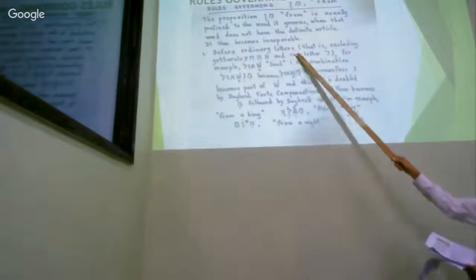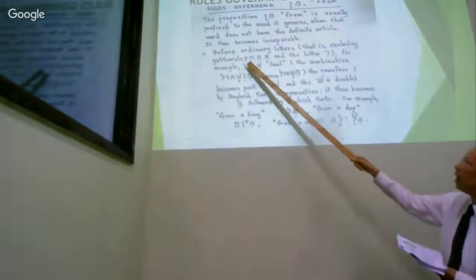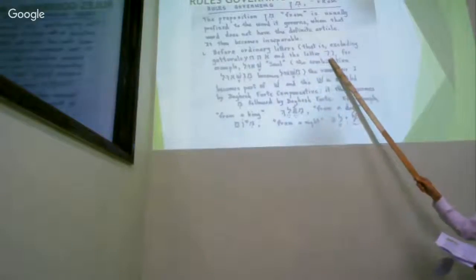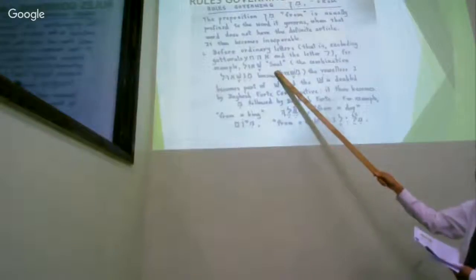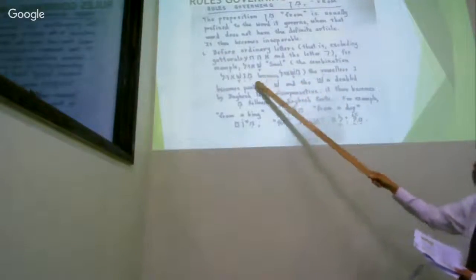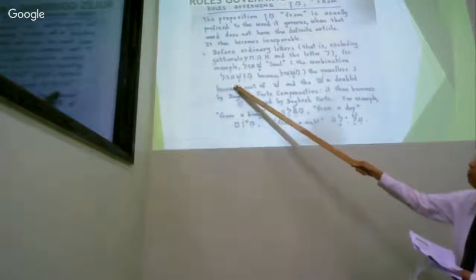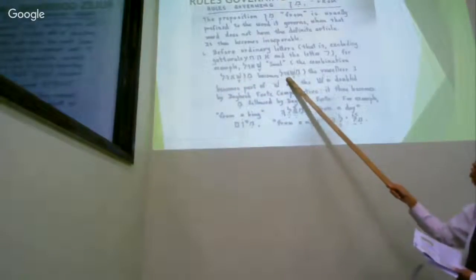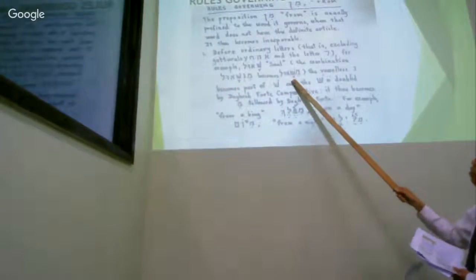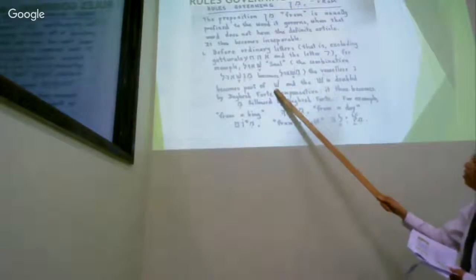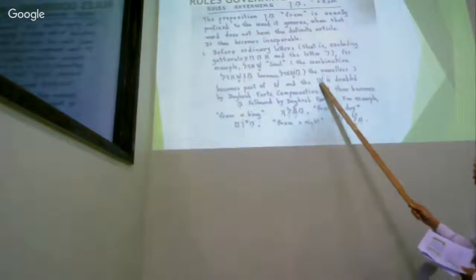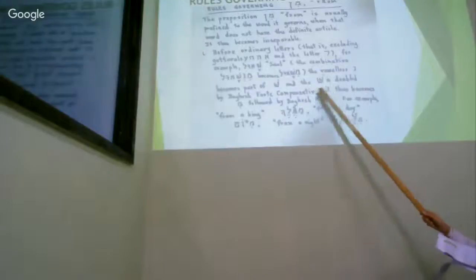Before ordinary letters, that is, excluding gutturals aleph, he, heth, ayin, and the letter resh, for example, Shaul, which is Saul, the combination min Shaul becomes mi-Shaul. Notice what happens. The vowelless nun becomes part of the shin, and the shin is doubled. Notice the dagesh forte in it.